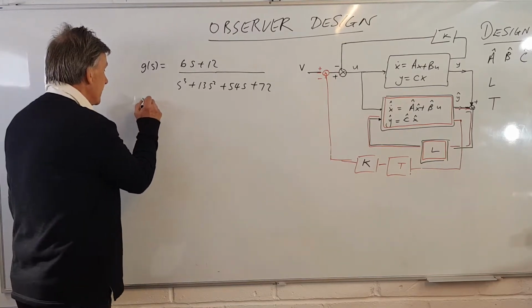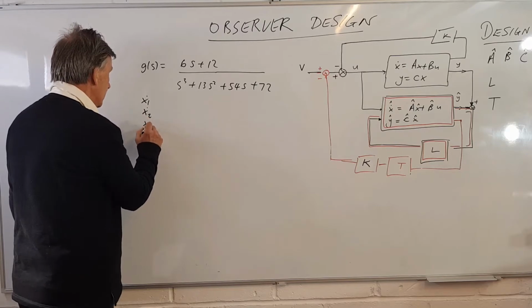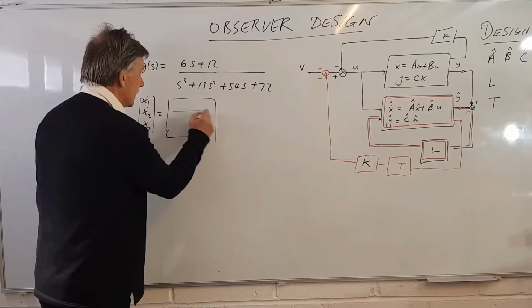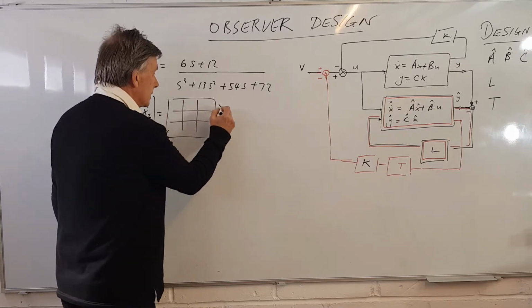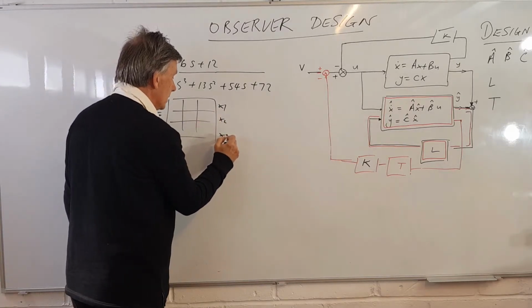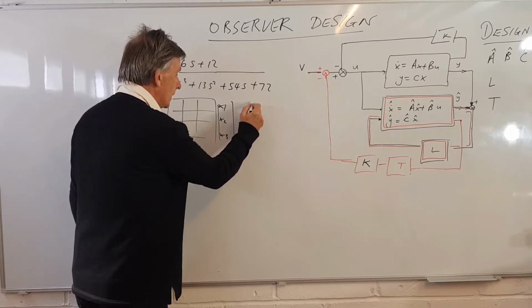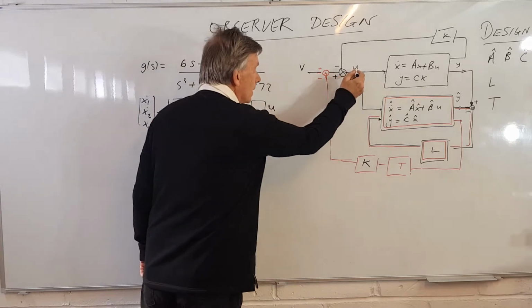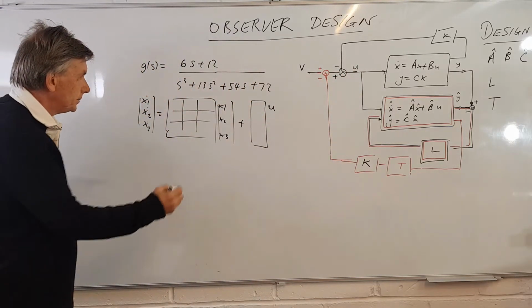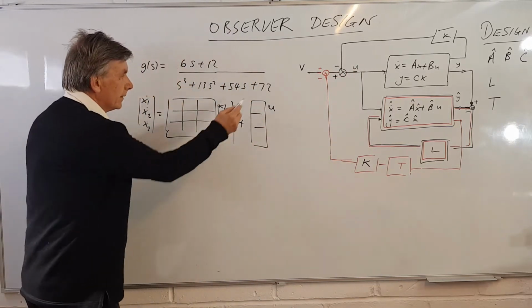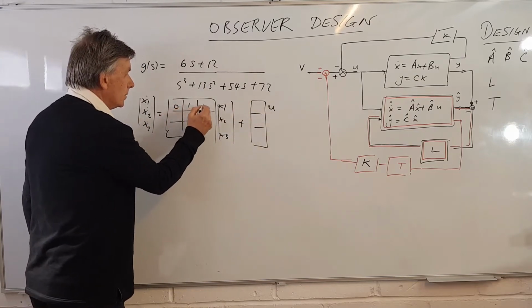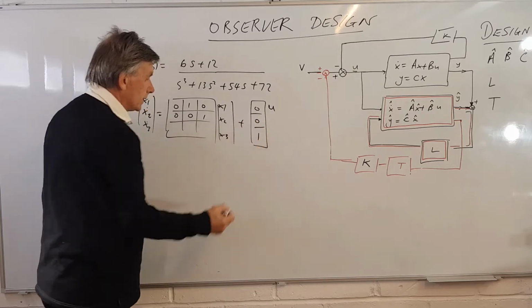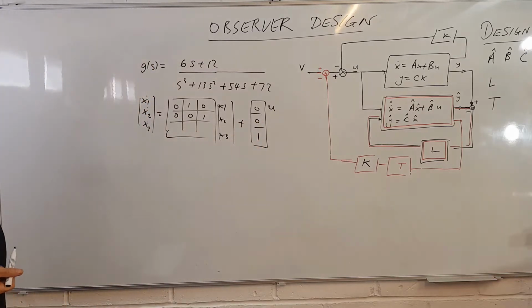So you could have, say, x1 dot, x2 dot, x3 dot is equal to some matrix here times x1, x2, x3, plus u feeding into this. So we put 0, 1, 0, 0, 0, 0, 1. So that's our standard companion form for a 3x3 system.